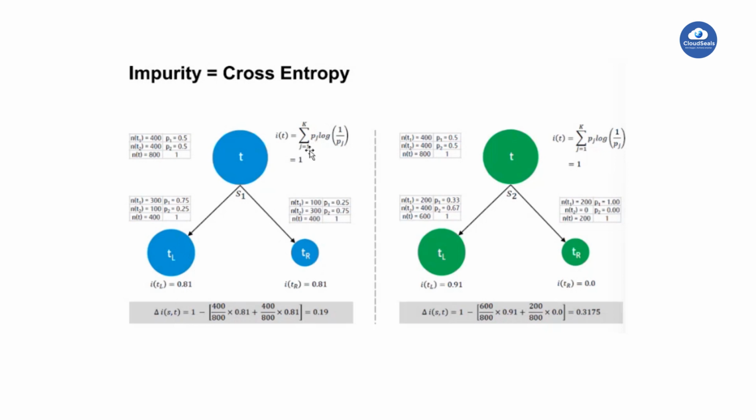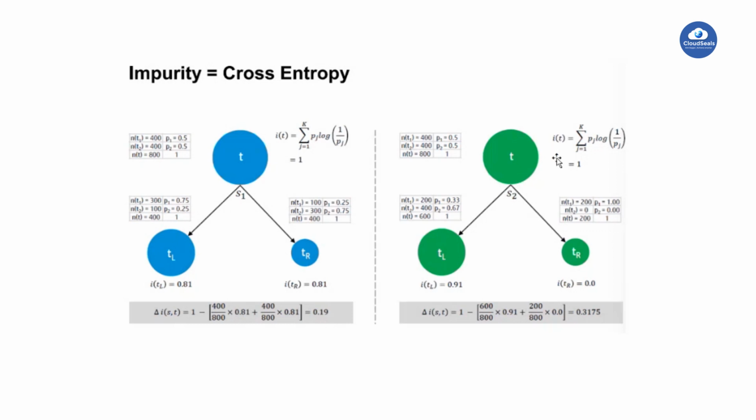This is the entropy of this split. This is the entropy of these two nodes. So then what I got is 1. 1 minus 400 by 800 records into the entropy here, 0.81, plus 400 by 800 into the entropy here, 0.81 again. So total impurity is 0.19.